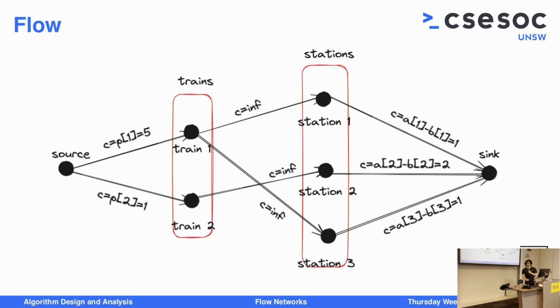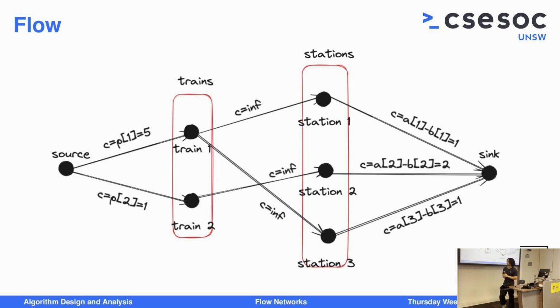I'll give you a second to take a look at this. Okay, happy with that? So what we now do on this flow network is we run Edmonds-Karp.